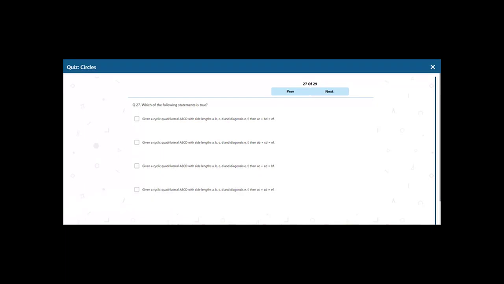There is a cyclic quadrilateral. Side lengths are A, B, C, D. Diagonals are E and F. AC plus BD equal to EF. Or AB plus CD equal to EF. Or AC plus ED equal to BF. Finally, AC plus AD equal to EF.